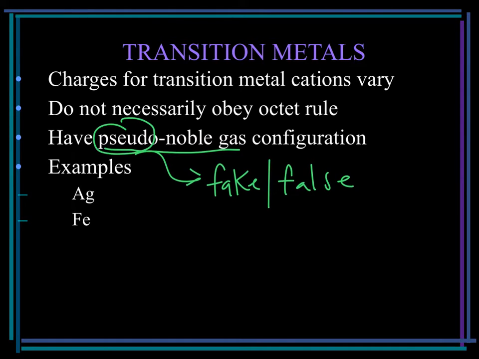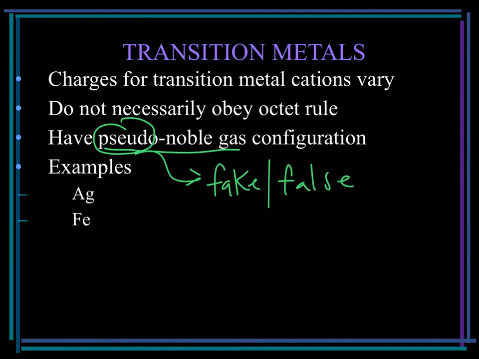So they have what we call a fake noble gas configuration. Remember, your transition metals always do something different. And remember, your transition metals can also have multiple charges. Many of them have more than one possible charge. So like iron can have a +2 or a +3 charge. Copper could be +1 or +2. So a lot of them have more than one possible charge.